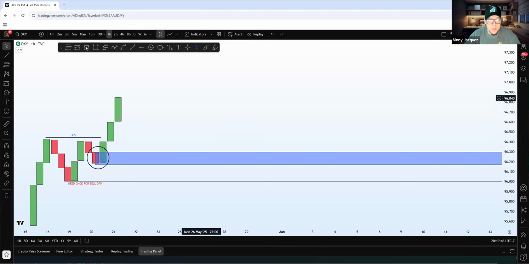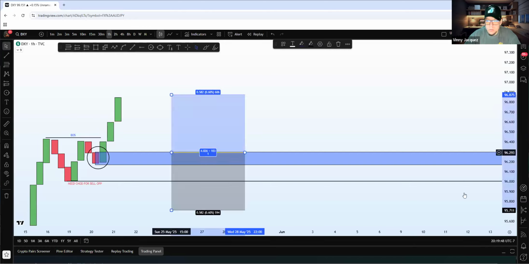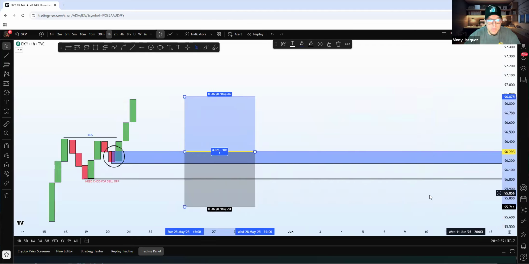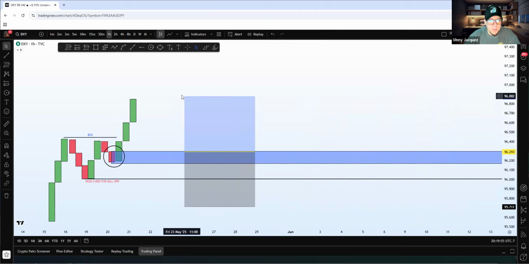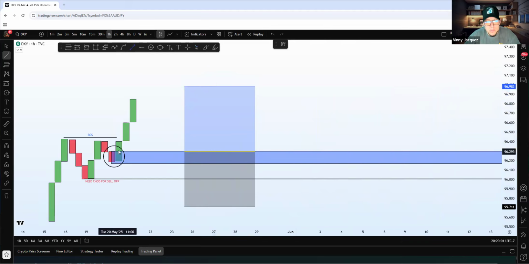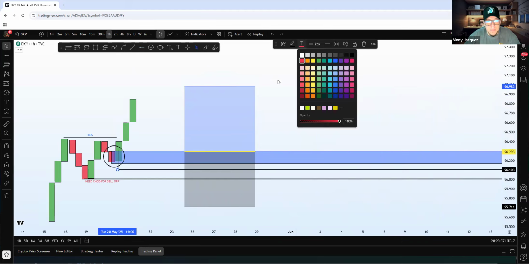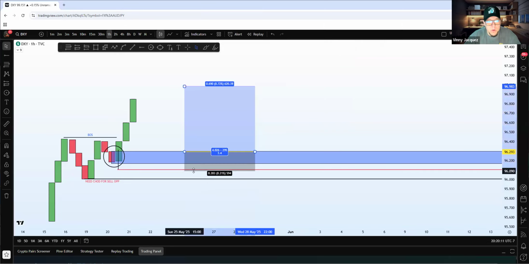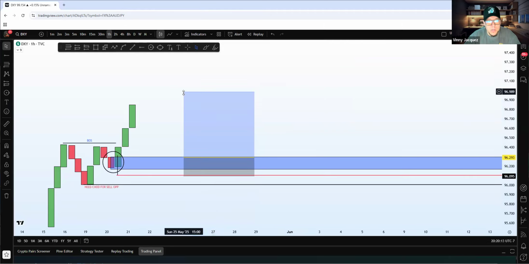So the first thing, when we place our long tool, before stretching out our take profit, we need to locate our stop loss. So as soon as we find our starting point, we need to find the lowest wick in that area. Now let's say it's this right here. We'll go ahead and use that as my stop loss. And then we want to stretch it out to a 1-to-3 risk to reward ratio.